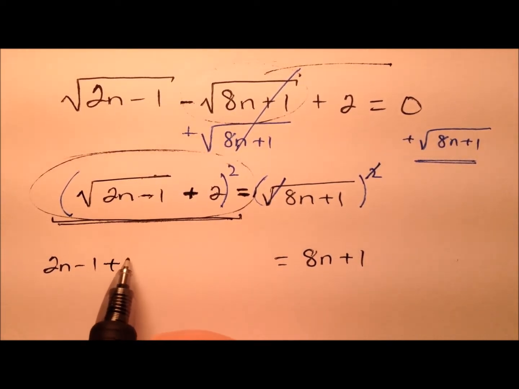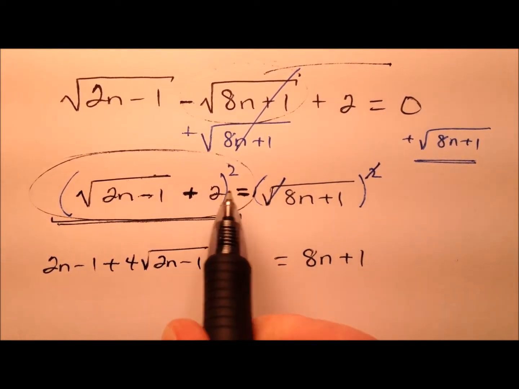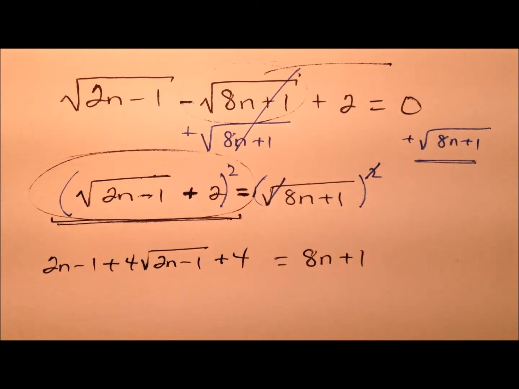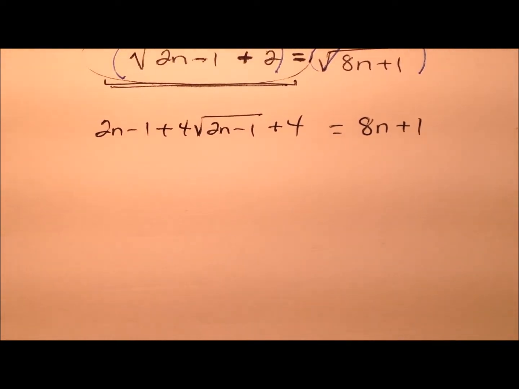Then we multiply the two terms together and double it, so it'll be plus 4 times the square root of 2n minus 1. And then square the second term, so that'll be plus 4 there. We'll move up a little bit to make some room. Now we need to isolate this other square root expression so we can square both sides again.